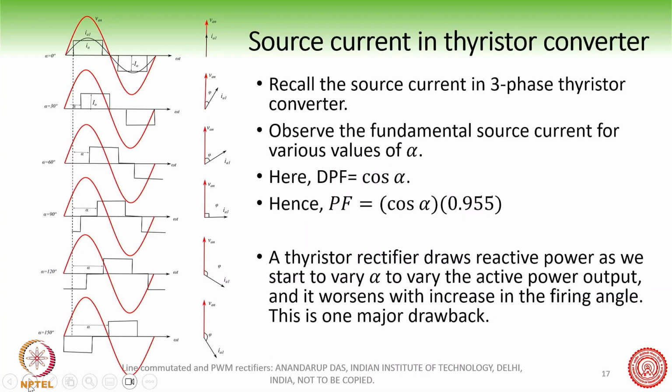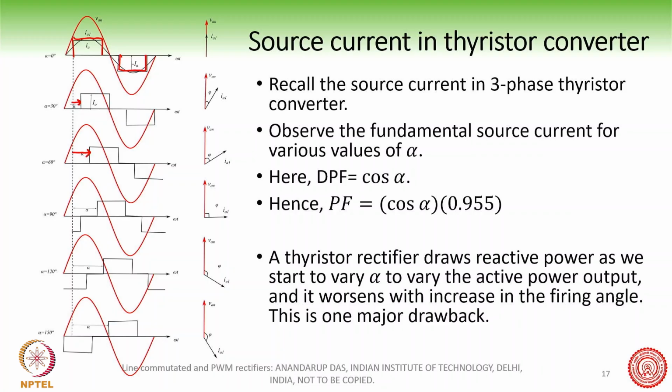Now this is a slide which I had shown previously in the thyristor rectifier, and in the case of this thyristor rectifier we are drawing a quasi square waveform. If you can recall, this is the source current waveform, and when we start firing the thyristors like this, this is the firing angle of the thyristor, we can change the output voltage.